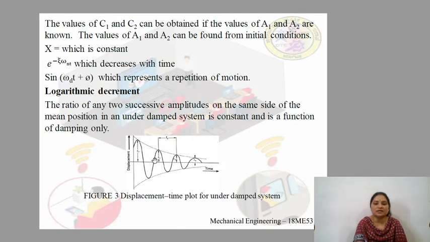So when we take the amplitudes on the same side of the mean position, it should be a constant in case of an underdamped system. The figure shows that the distance between the amplitudes is a time period Tp.